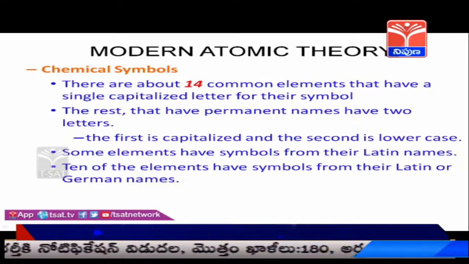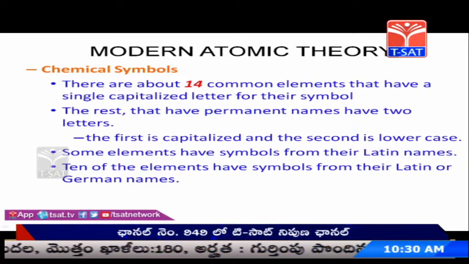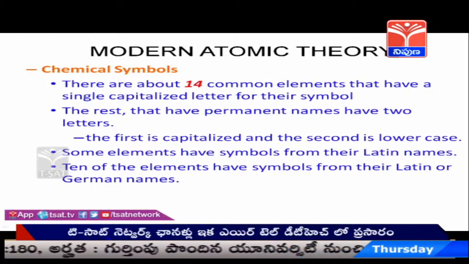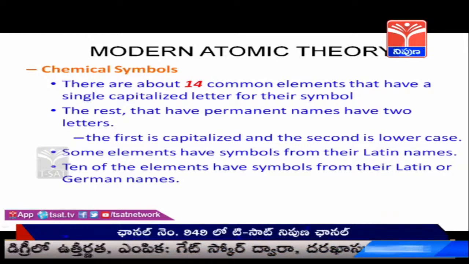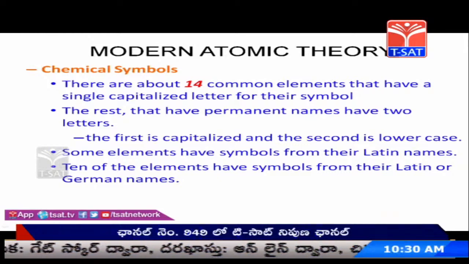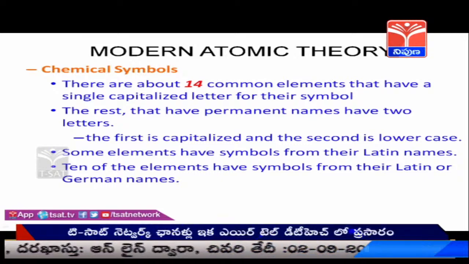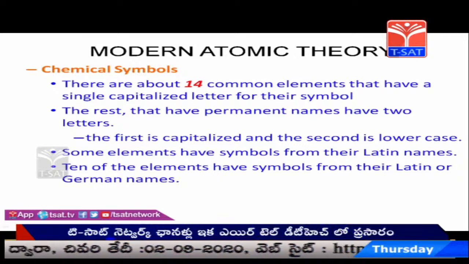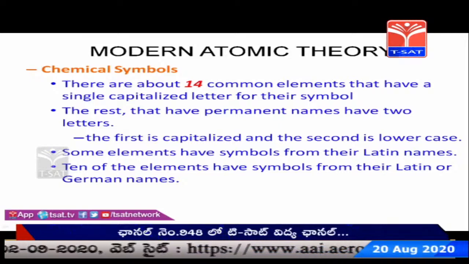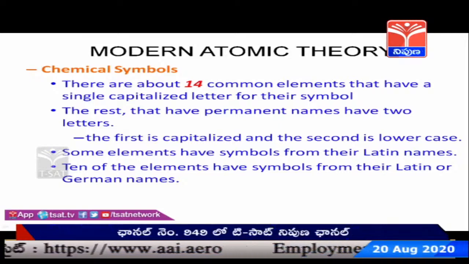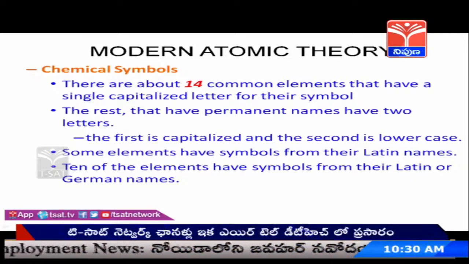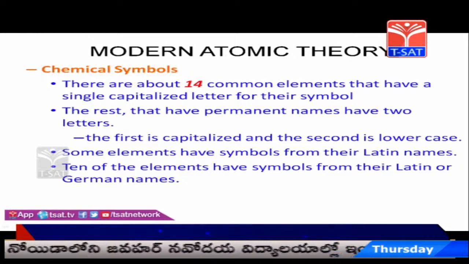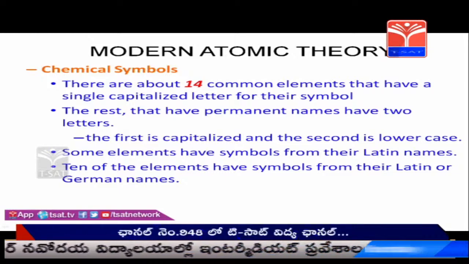So, it is not possible to remember symbols like the pictures which we have seen in the previous slide. So, they felt it is better to give alphabetical symbols to the elements. In this process, 14 alphabets were used to give symbols to 14 elements. The remaining elements got different varieties of symbols.